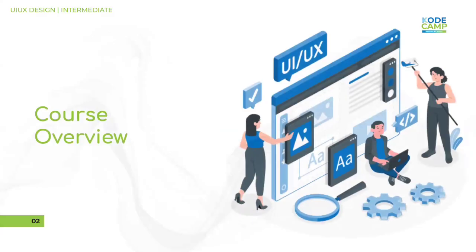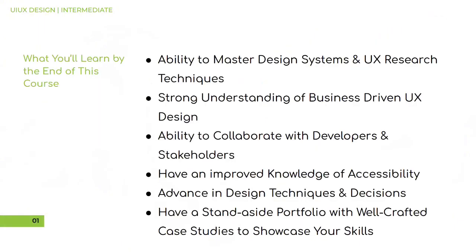We'll be looking at the course overview. So first of all, let's look at what you will learn by the end of this course. By the end of this course, you should be able to master design systems and UX research techniques, and you should have a strong understanding of business-driven UX design.